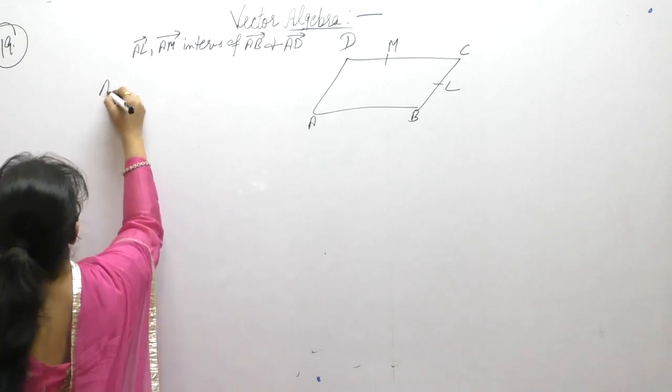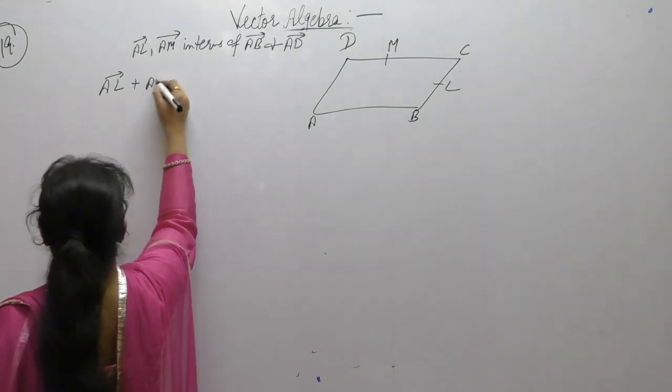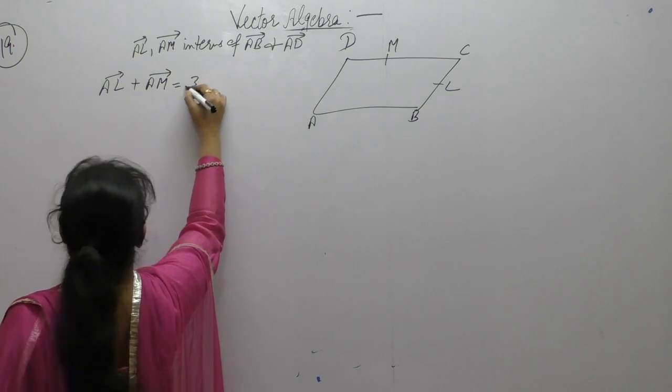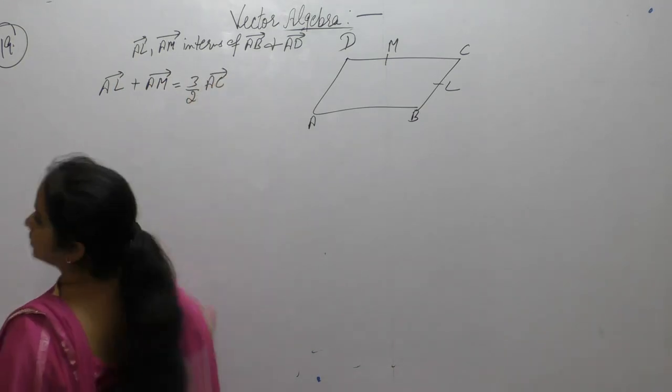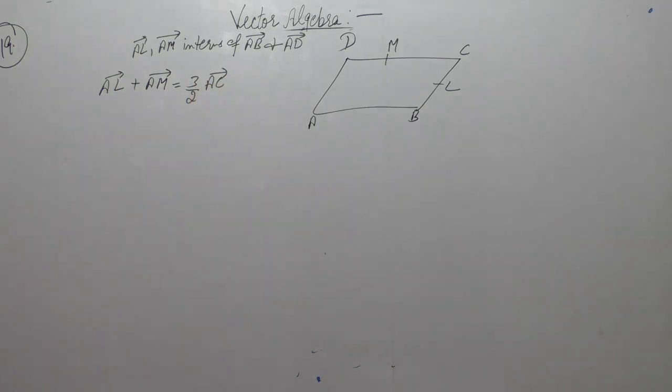Also prove that AL vector plus AM vector is equal to 3/2 times AC vector.